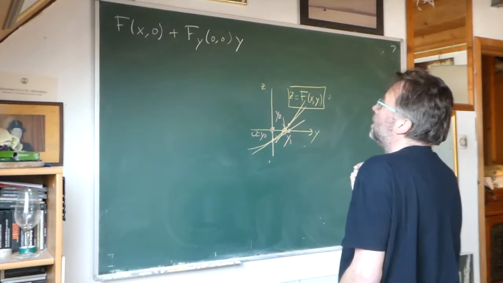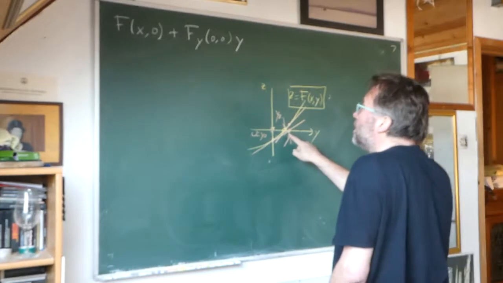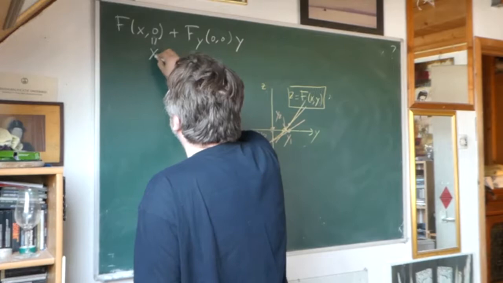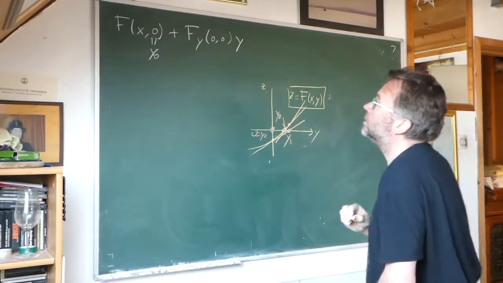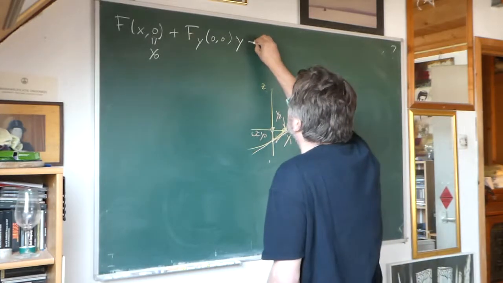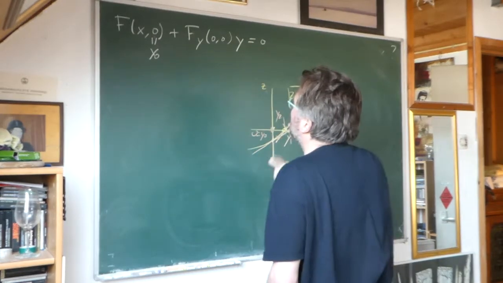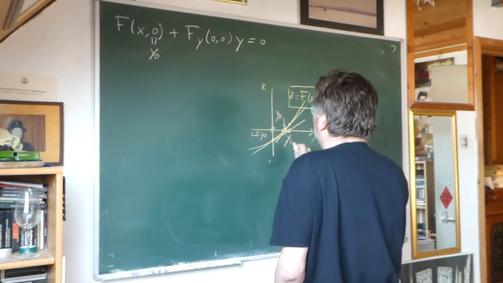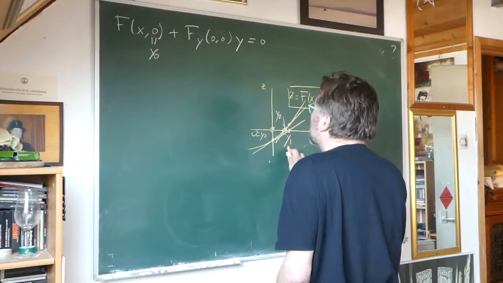So this is my starting value for y, y0 equal to 0, and I put this equal to 0 and solve for y. That's not this y1, it's another y.